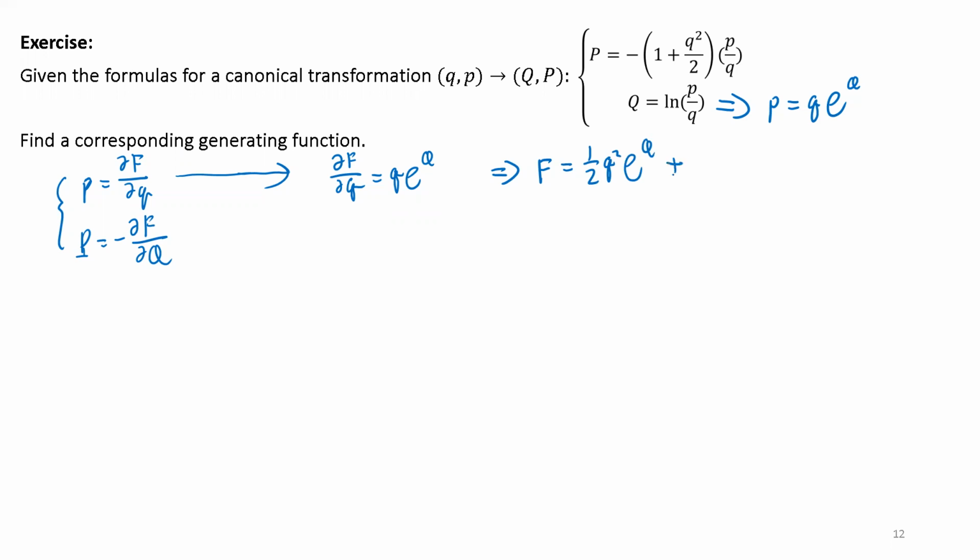Plus some arbitrary function which only depends on capital Q. If you don't understand why this term is here, just take the derivative on both sides, then you get back to this.